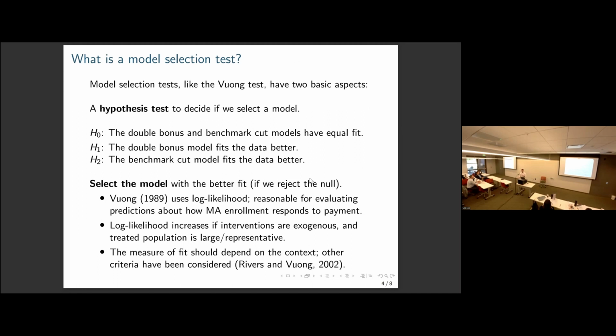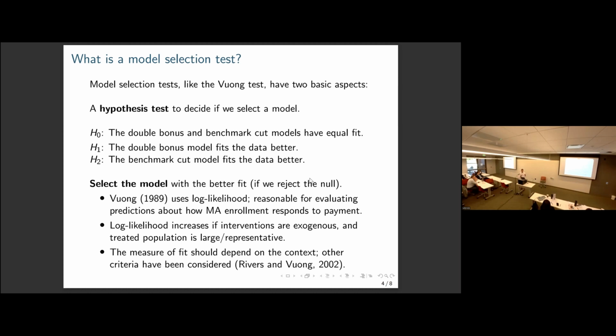Log likelihood is going to prioritize a few things. One, the size of the affected treatment group: the more people treated, the higher the log likelihood. And the other is the exogeneity of the intervention. If the intervention is truly exogenous, then your model will be close to the true data generating process, and log likelihood will make your model look good.